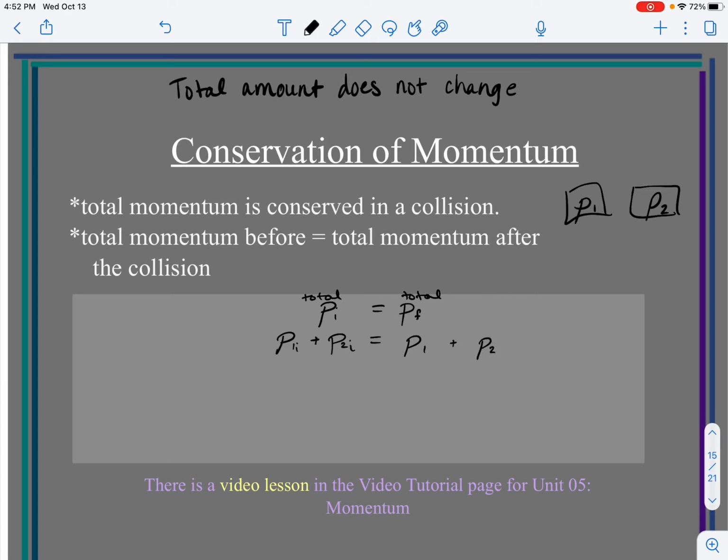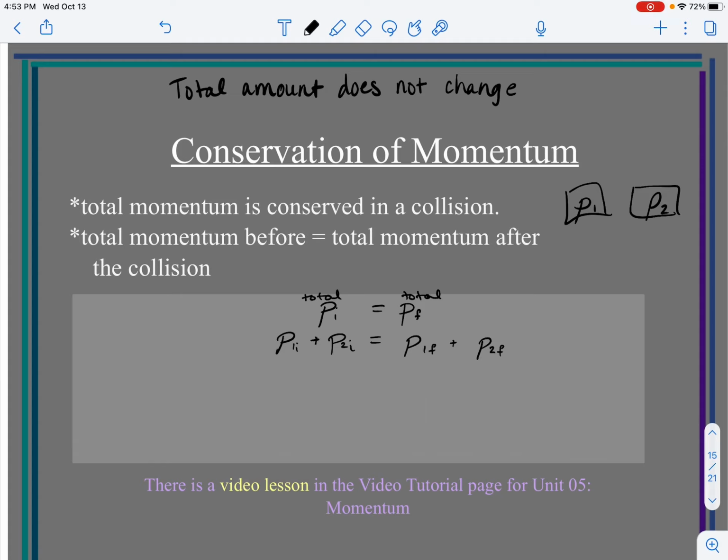Nothing's going to disappear. So I still have object 1 and object 2, but now this side of the equation represents the final momentum of object 1 and the final momentum of object 2. If I take those two values and add them together, they're going to equal my total momentum after. And I should find that I get the same number on both sides. So if I have 25 kilogram meters per second of momentum before they collide, I will have 25 kilogram meters per second of momentum after they collide.